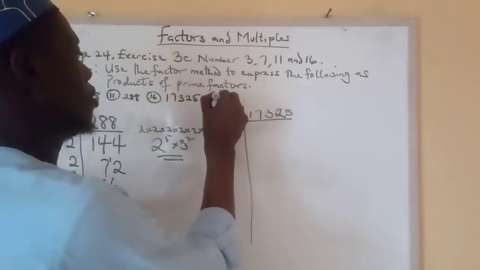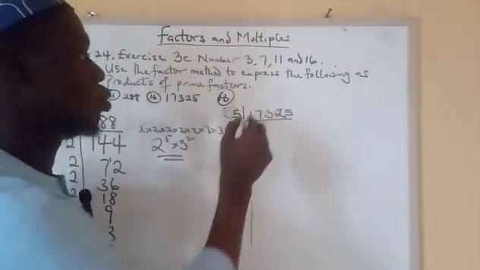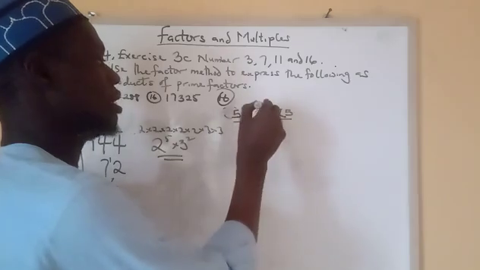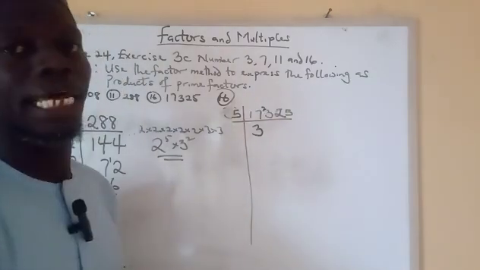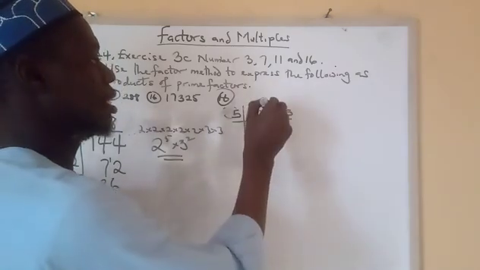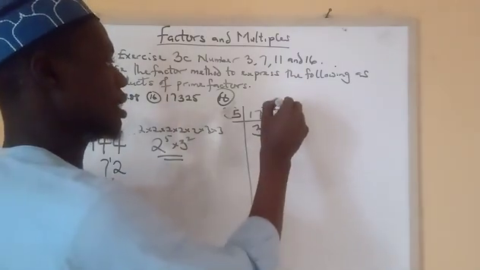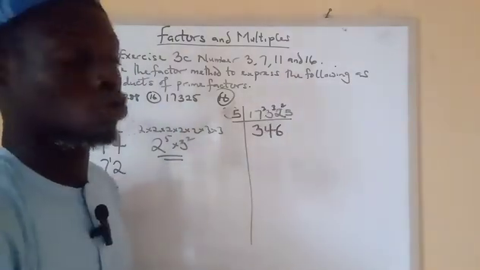5 into 17, we have 3, remainder 2. 5 into 23, we have 4, remainder 3. 5 into 32, we have 6, remainder 2. Then 5 into 25 is 5.